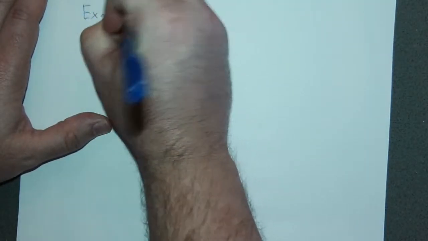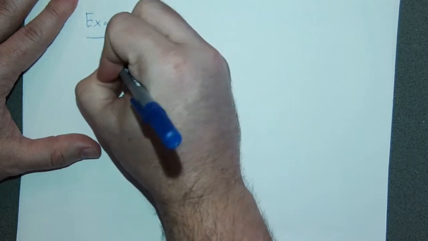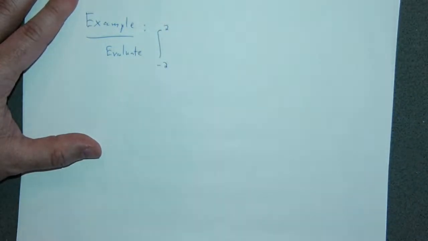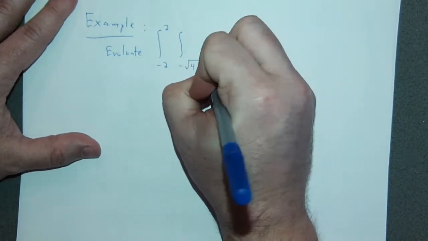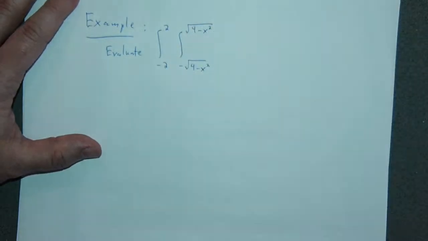Suppose I just flat out give you a triple integral where I've already written down the limits of integration. So my example is: evaluate the following triple integral. You already know the bounds. It is minus 2 to 2 on the outer integral. The next integral has bounds of minus square root of 4 minus x squared to plus square root of 4 minus x squared.